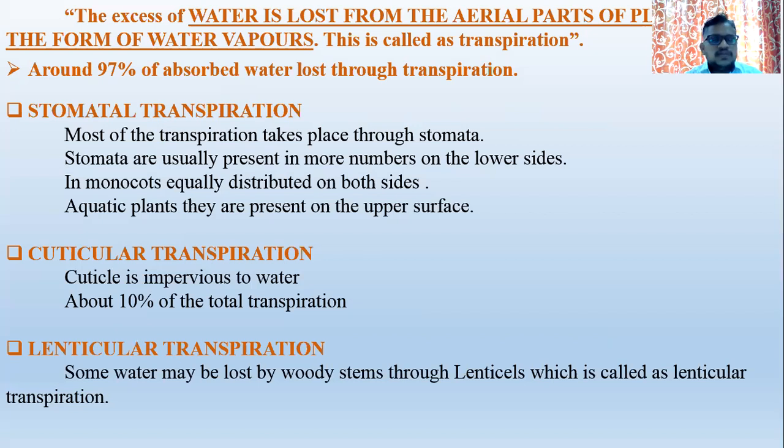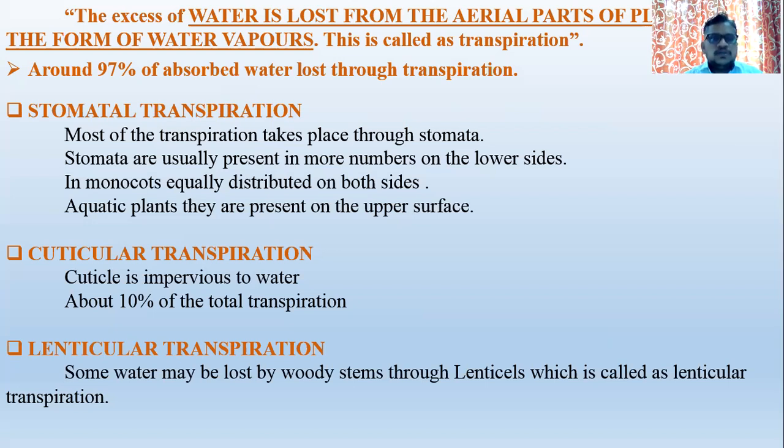Around 97% of absorbed water is lost through transpiration. Only 3 to 4% of absorbed water is used by the plant. All the remaining water is released by the plant body.